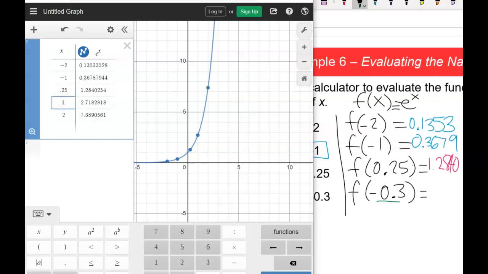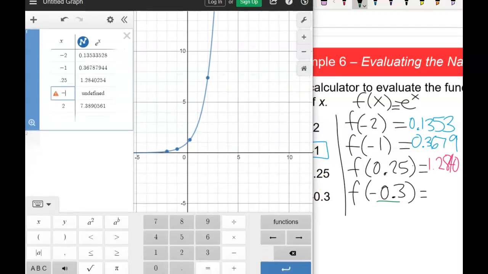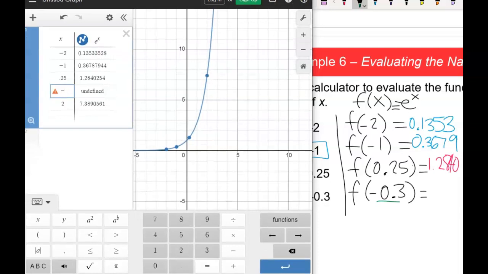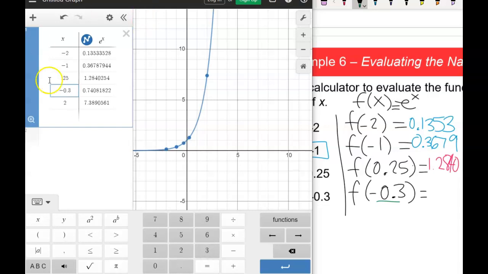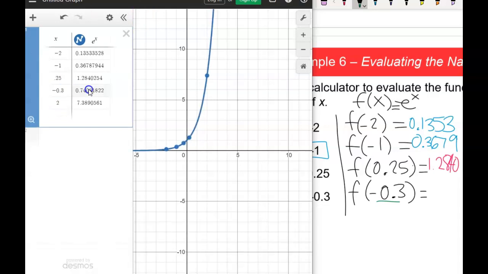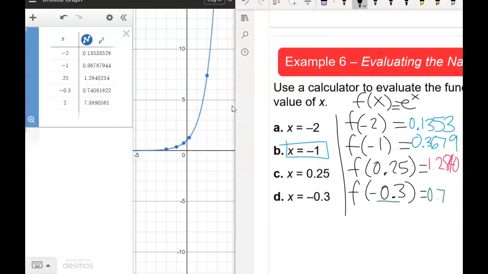So I'm going to be typing that here. -0.03. And I am missing the point. I need to adjust this window. There we go. And so for that particular x value, we have our y value here. So that will be 0.7408. And so those will be the answers for that example.